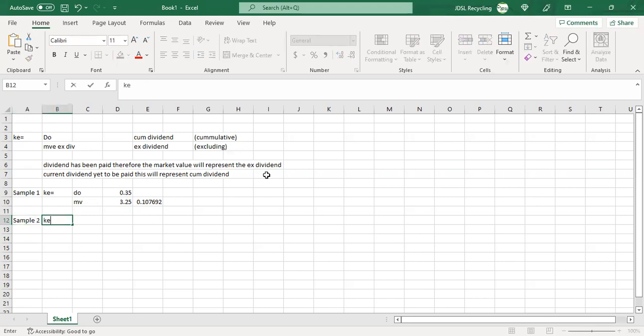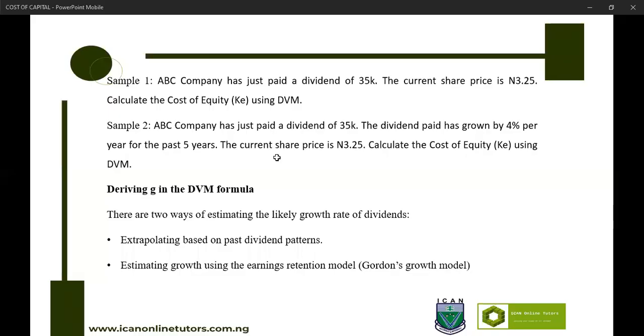Cost of equity with growth will be your current dividend, D naught, into bracket 1 plus g, where g represents our growth rate, divided by the market value of equity, all plus our growth rate. Are we following?